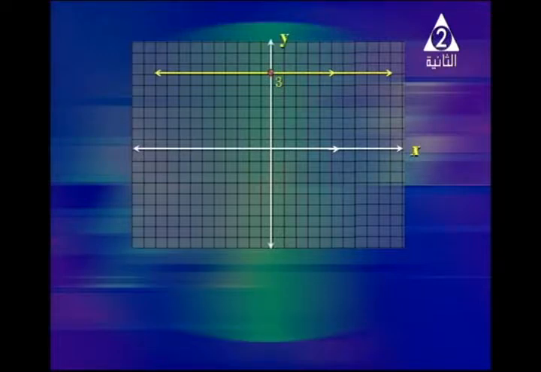Yes. What about y plus 2 equals 0? It is also represented graphically by a straight line which is parallel to the x-axis and cuts the y-axis at the point -2.